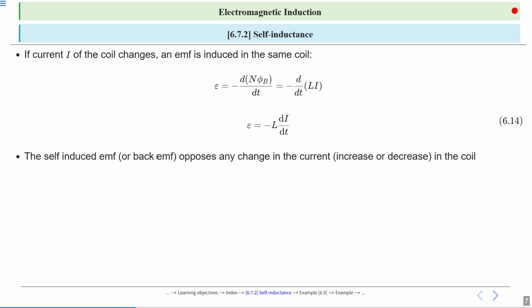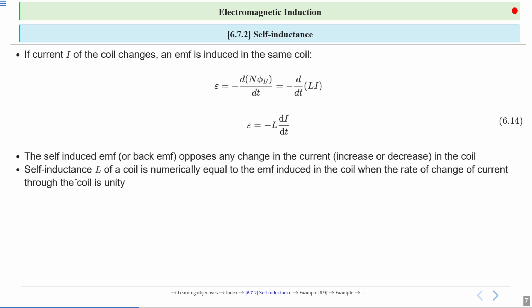It opposes any change in the current, either an increase or a decrease in current of the coil. So self-inductance L of a coil is numerically equal to the EMF induced in the coil when the rate of change of current through the coil is unity.